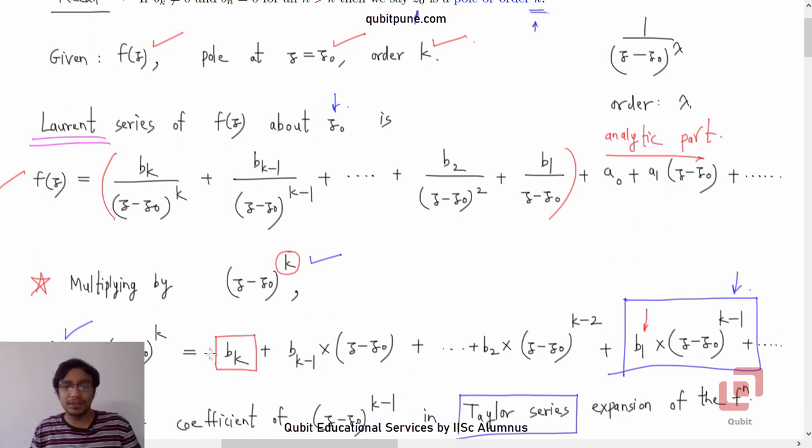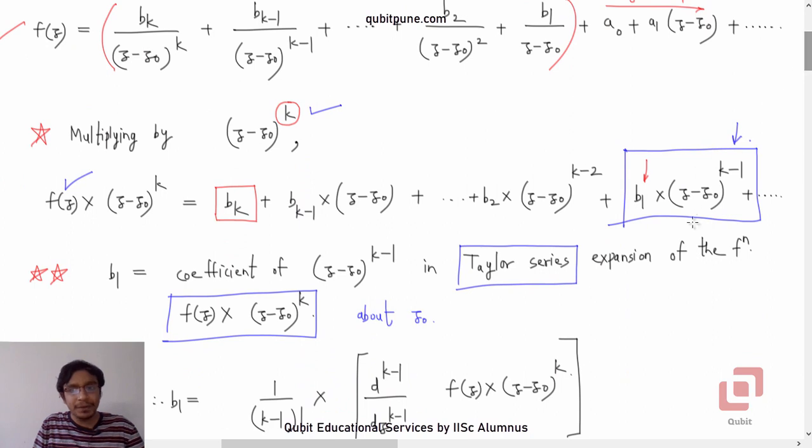Because the first term doesn't contain any power of (z minus z naught), we can consider this to be the Taylor series of f of z into (z minus z naught) to the power k, and due to the uniqueness property of the Taylor series, we can get the formula for b1 by comparing with the coefficient of (z minus z naught) to the power k minus 1.